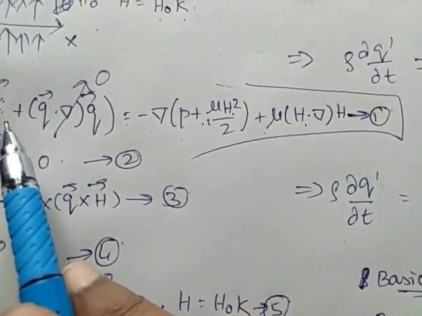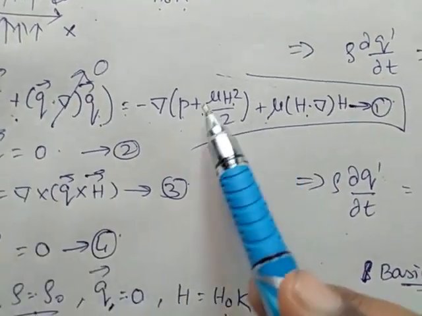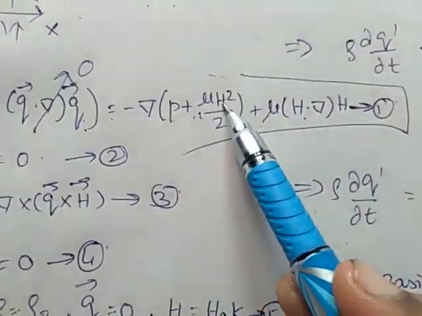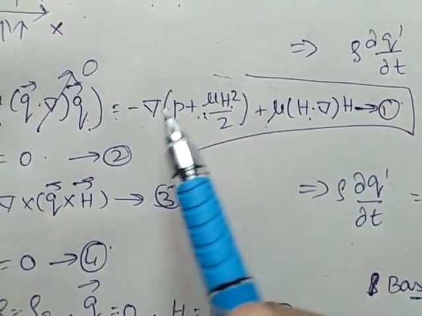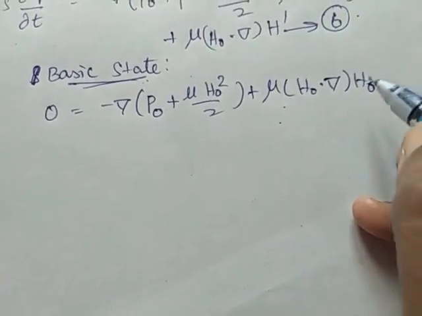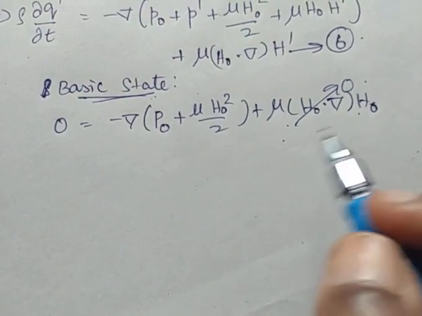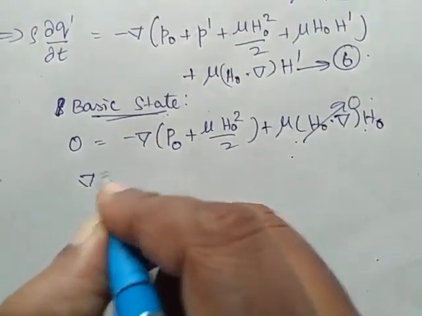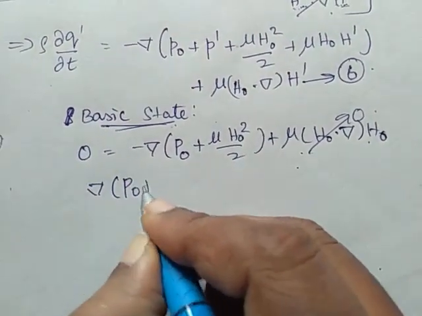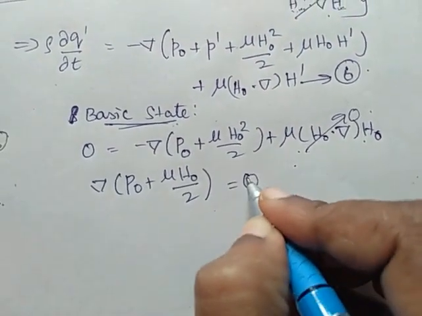For the basic state, velocity is 0, therefore LHS becomes 0. Pressure is P naught, magnetic field is H naught. So I have substituted P naught and H naught here, so we will get this equation. Also, H naught is constant, therefore that term will become 0. So we got the value: del of P naught plus mu H naught square by 2 is 0.